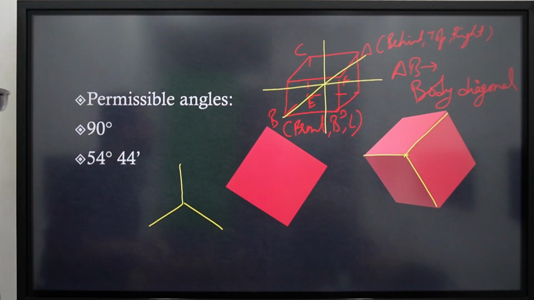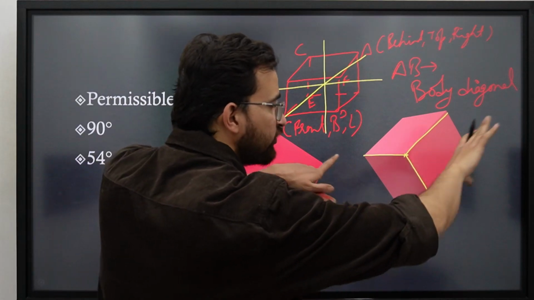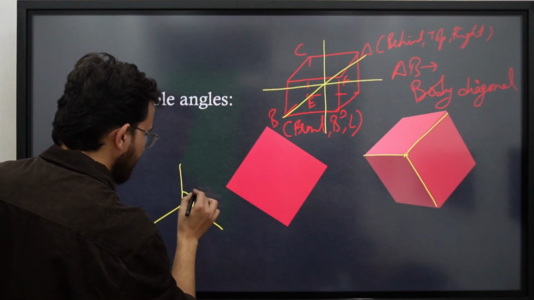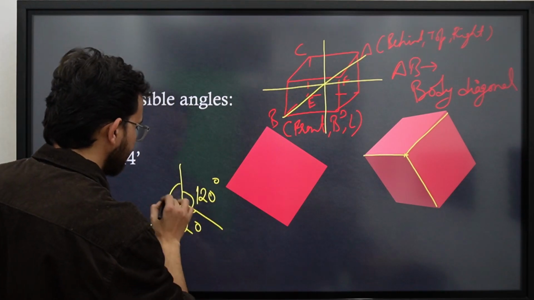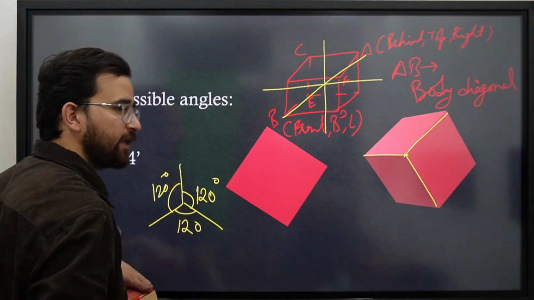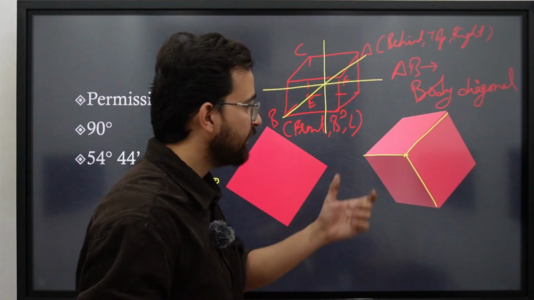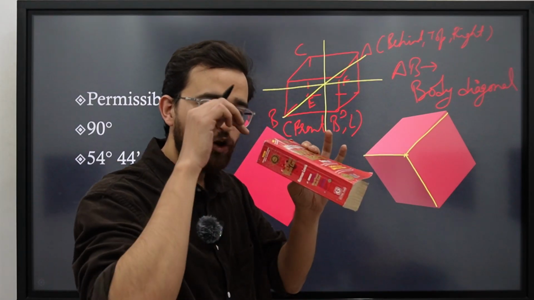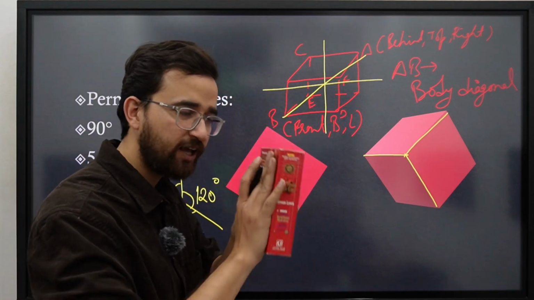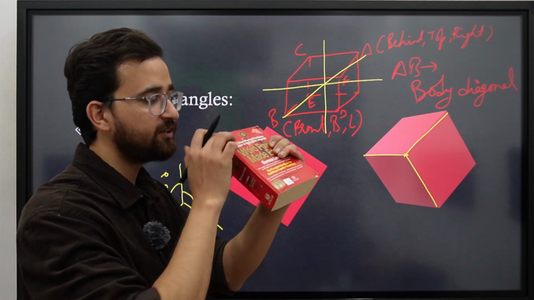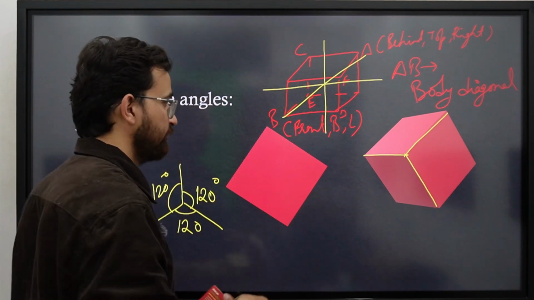The three lines are originating from this vertex, and the angle between them is 120 degrees. That means you have a threefold rotation inside a cube as well along the body diagonal. If you don't have a cube, you take your books and you try to see that yes, there is a threefold going on.